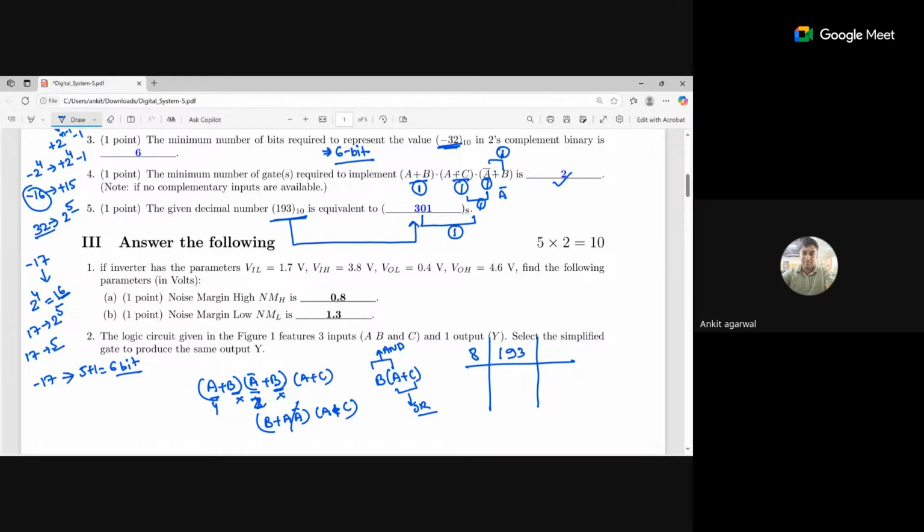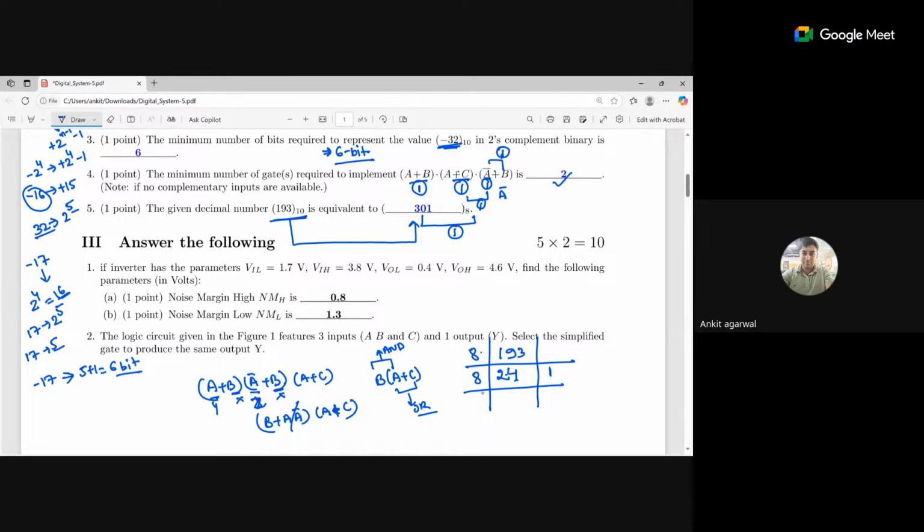Now, how do we divide it? Generally it is a normal division, so 8. But when we divide, there is also a remainder. When I divide 193 by 8, 8 times 24 is 192, so 1 is the remainder.